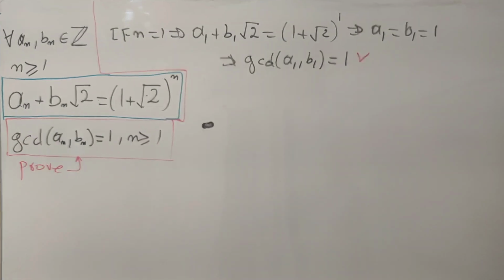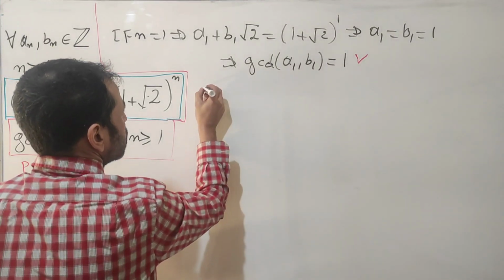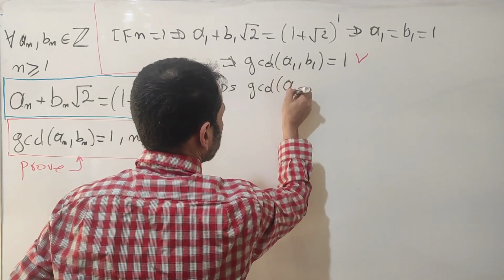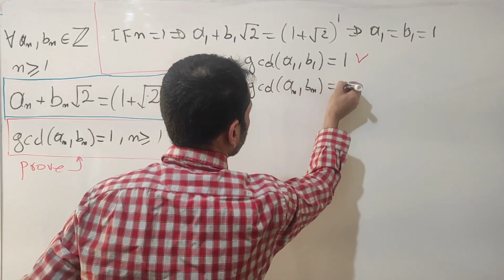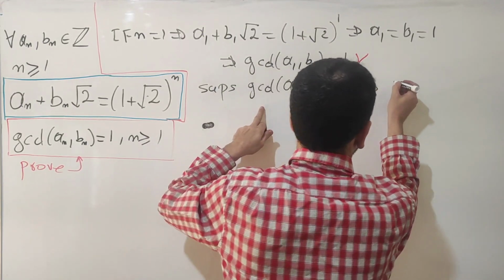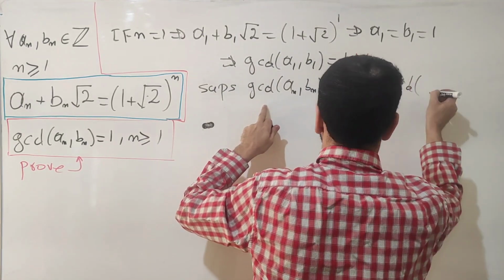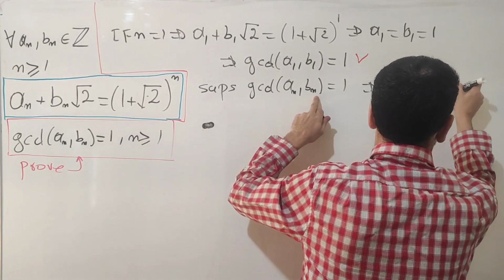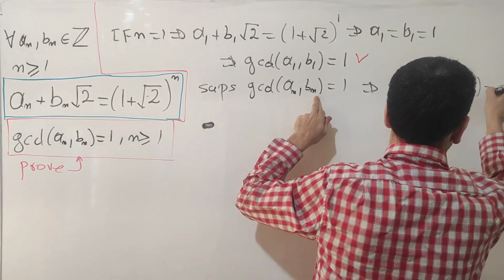Now applying the induction hypothesis, let's suppose the GCD of e sub n and b sub n equals 1. We need to prove the GCD of e sub n plus 1 and b sub n plus 1 equals 1.